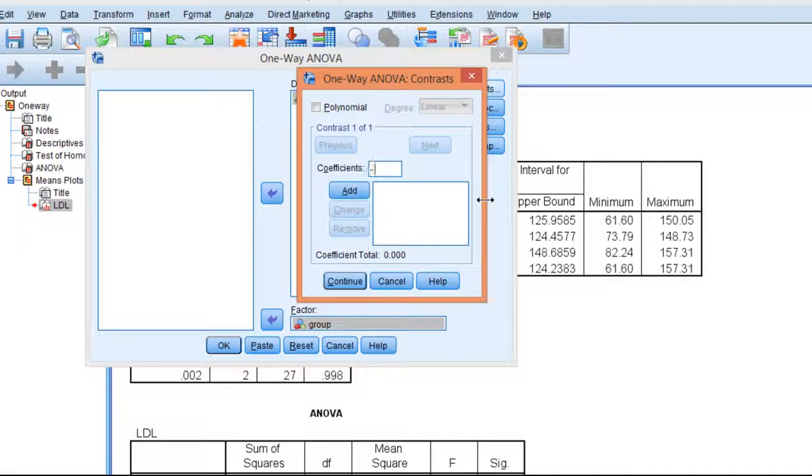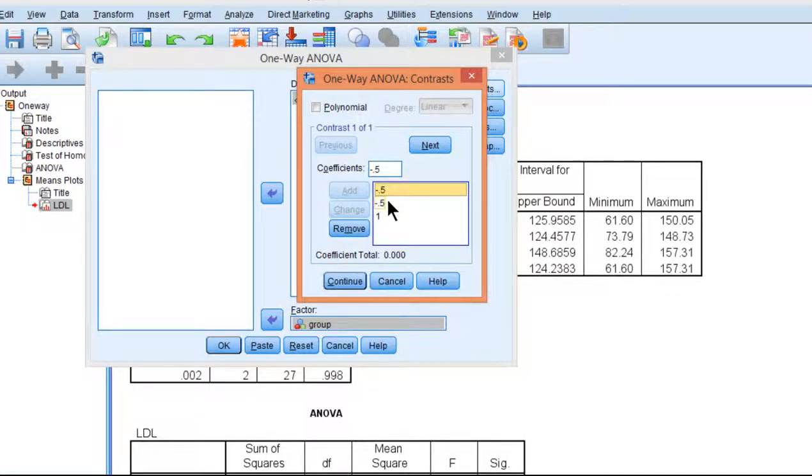And one set of coefficients that reflects that is negative 0.5, negative 0.5, and then plus 1 for the control group. So that is reflective of lower means for the two drug groups and then a higher mean for the control group. And because these weightings are 0.5 for each of the drug groups, they're basically getting half a weighting each, and they're being combined together.